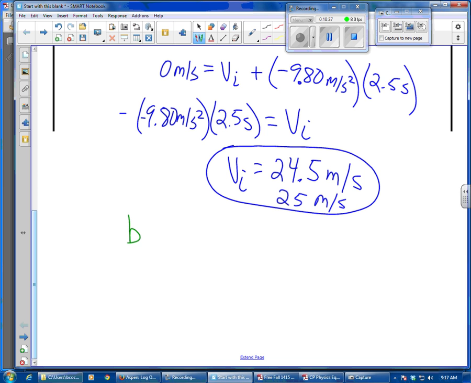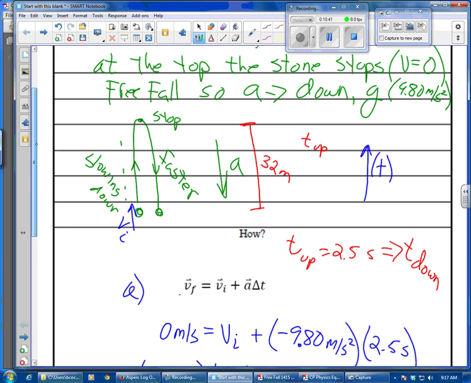On to part B. In part B, they want to know how much time it took for the pebble to first reach a height of 16 meters above the launch point. So at some point here, that's at 16 meters, and they want to know how long it took to go from the launch point to 16 meters.